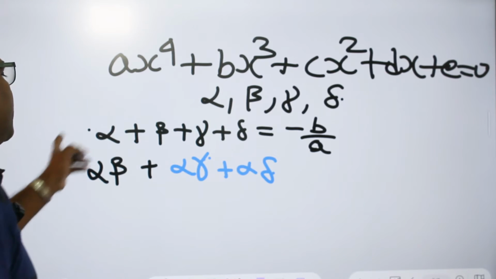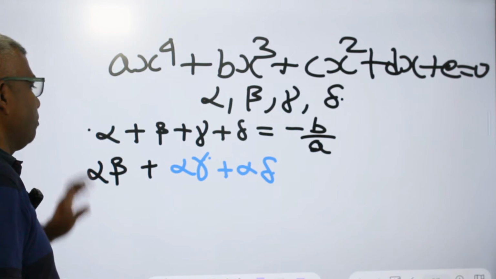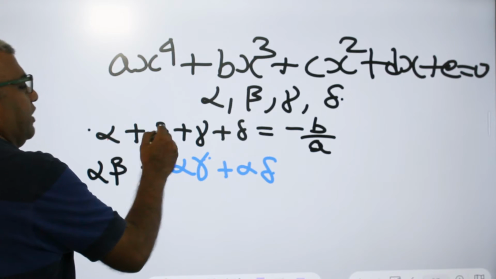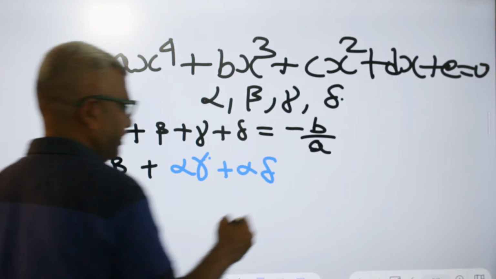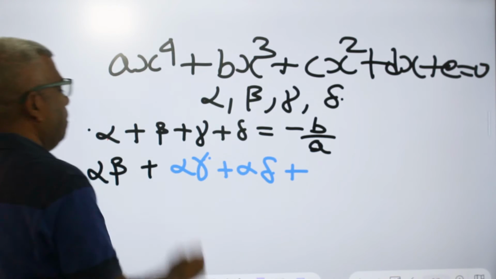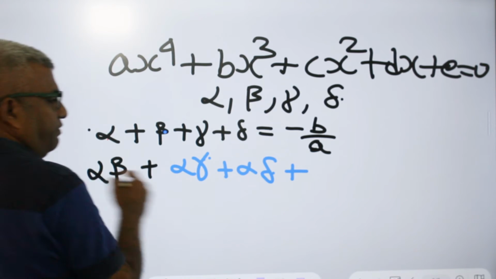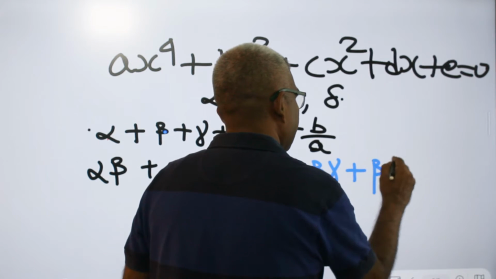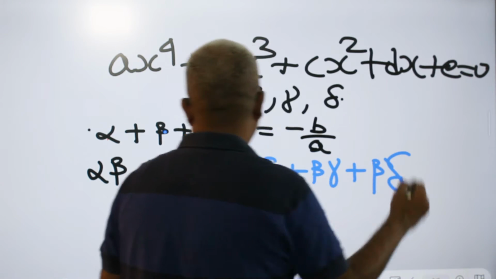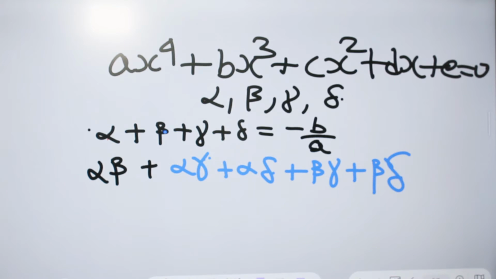Okay, one cycle with alpha is finished. Don't repeat, always do it this way: keep alpha beta, alpha gamma, alpha delta. Then beta alpha we already finished. So beta gamma, beta delta. Okay, beta gamma, beta delta finished.